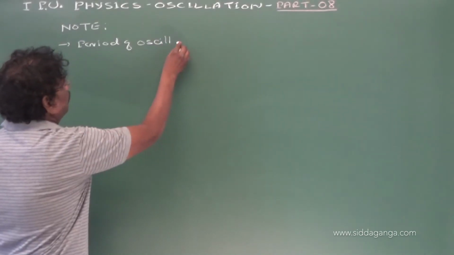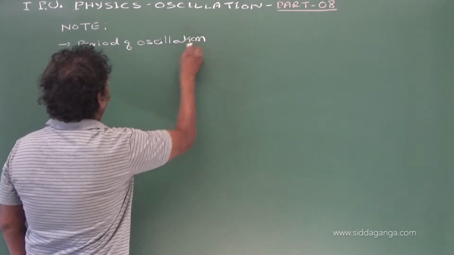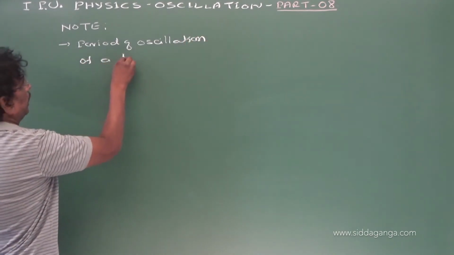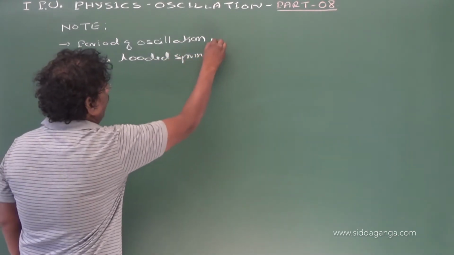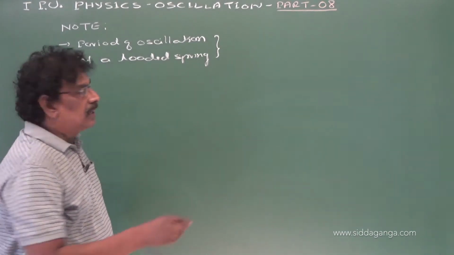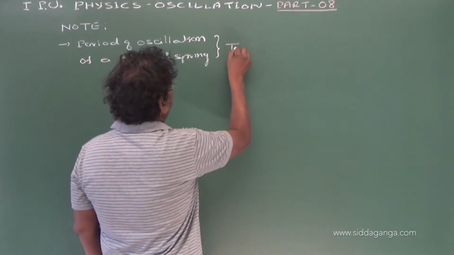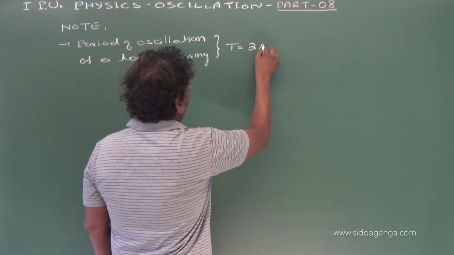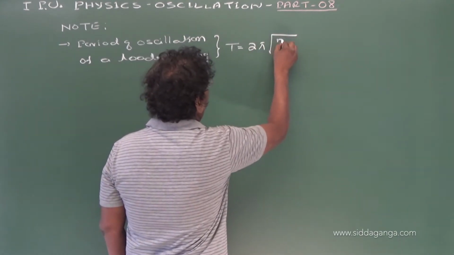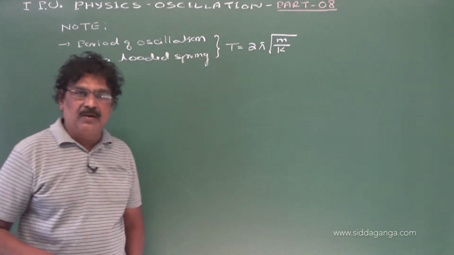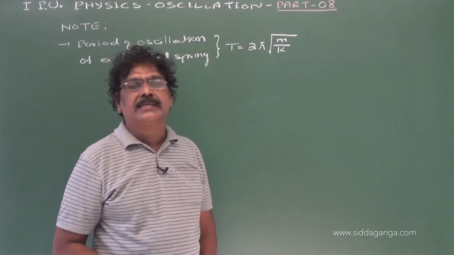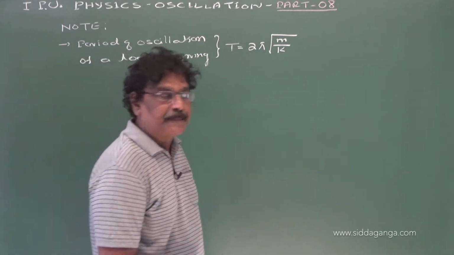Now we have the period of oscillation of a loaded spring. T comes out to be equal to 2 pi into square root of m by k, that we have shown while discussing force constant k.